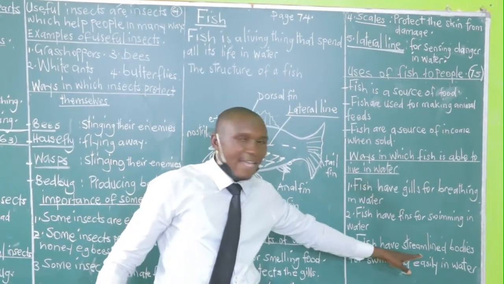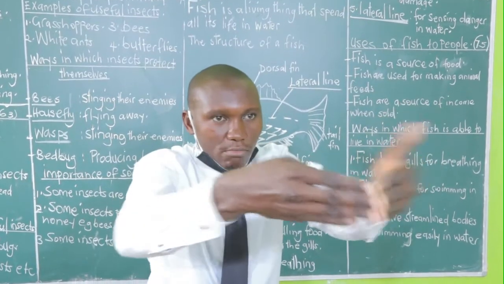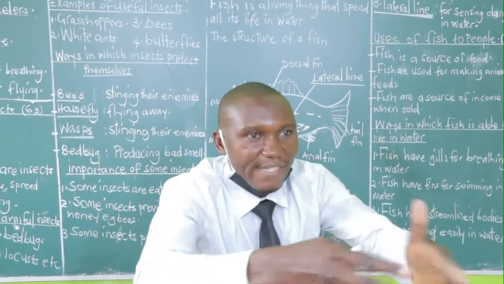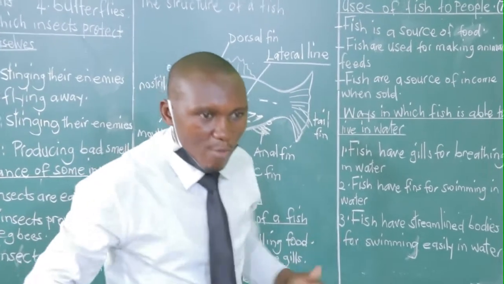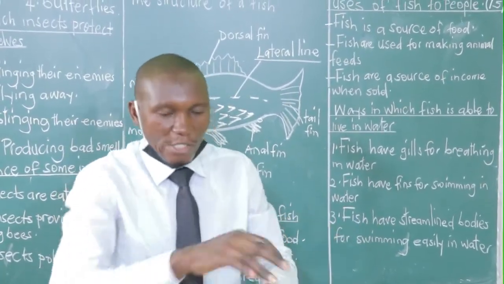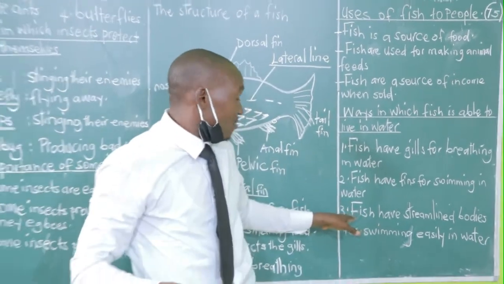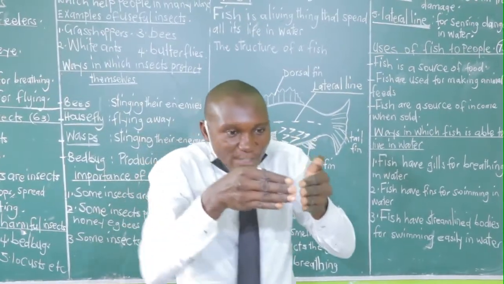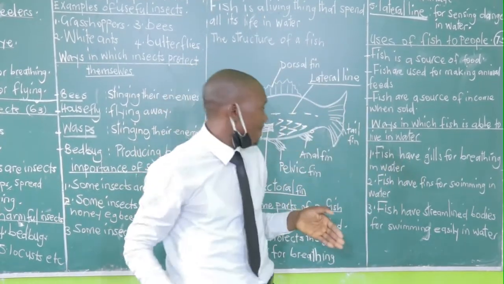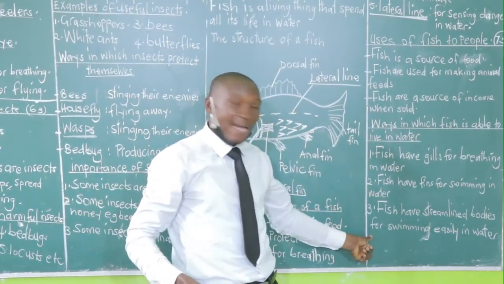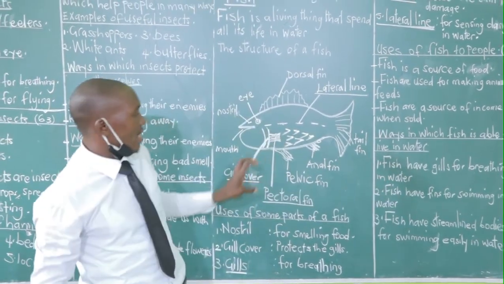Streamlined means that it is sharp in front to penetrate the water easily. For you, when you are swimming, you may find that water is pushing you backwards. But a fish is streamlined. It just penetrates the water and goes easily. Therefore, these are the parts of the fish that enable it to stay in water.